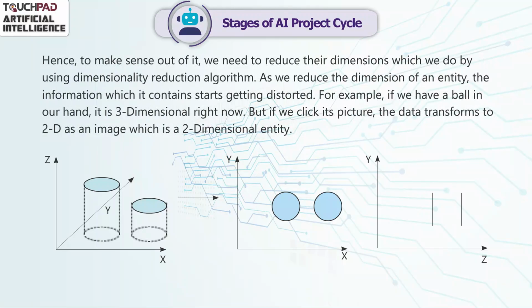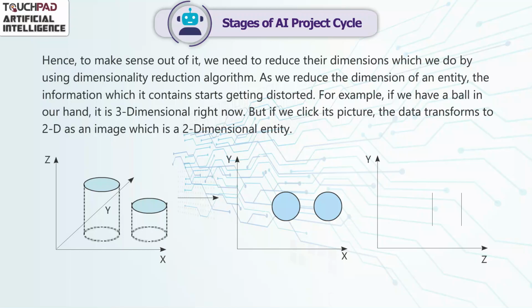Hence, to make sense out of it, we need to reduce their dimensions, which we do by using dimensionality reduction algorithm. As we reduce the dimension of an entity, the information which it contains starts getting distorted.